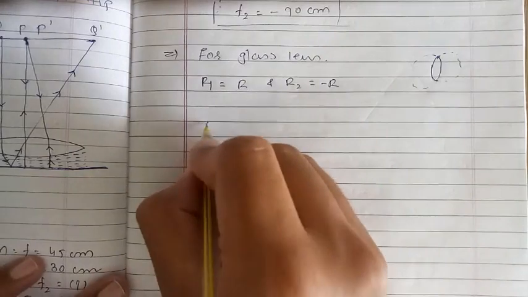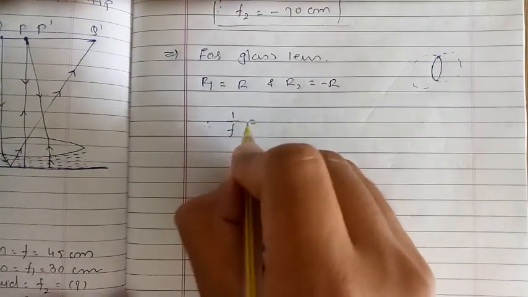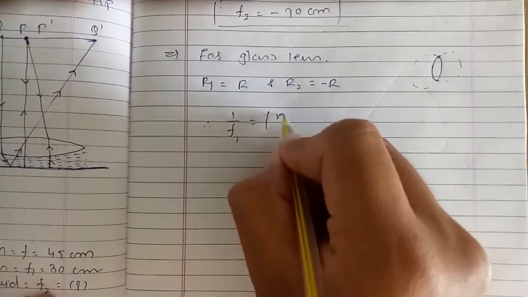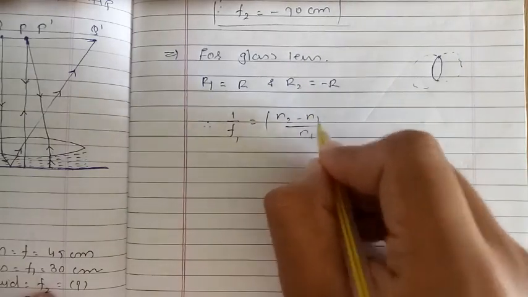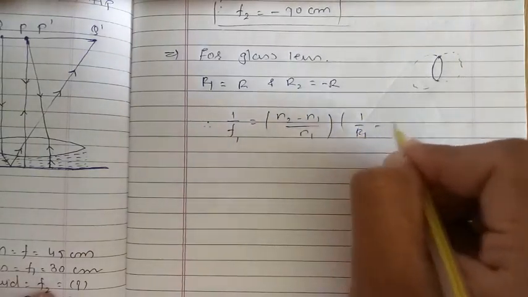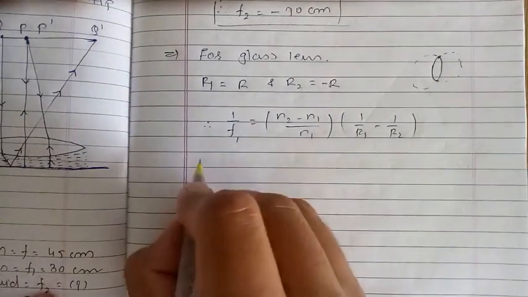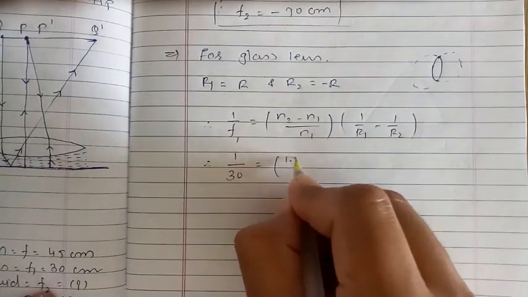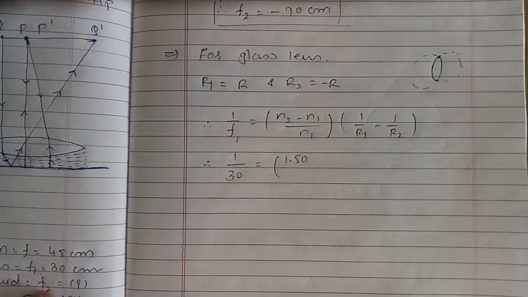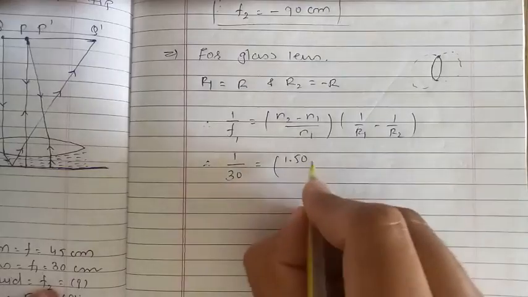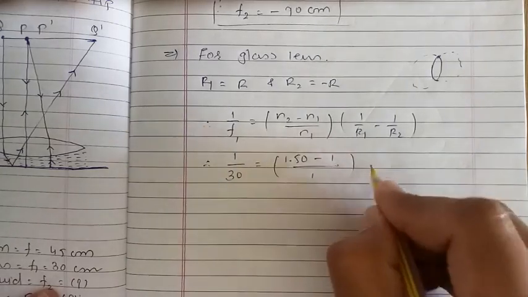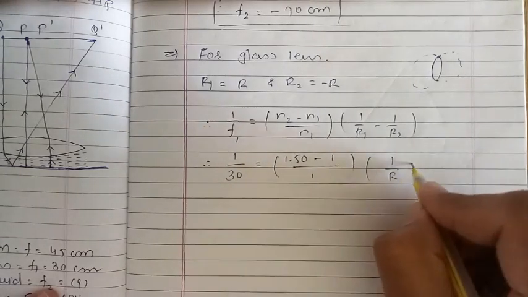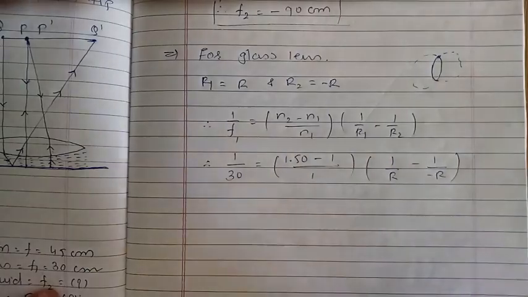So we can use 1 by f1 is equal to (n2 minus n1) upon n1 into (1 upon r1 minus 1 upon r2). So 1 upon the value of f1, 30, n2 refractive index of lens minus first medium air upon, 1 upon value of r1 r minus 1 upon value of r2 minus r.